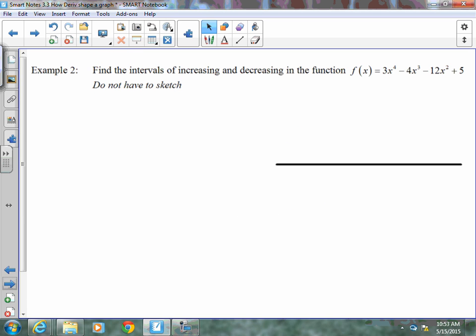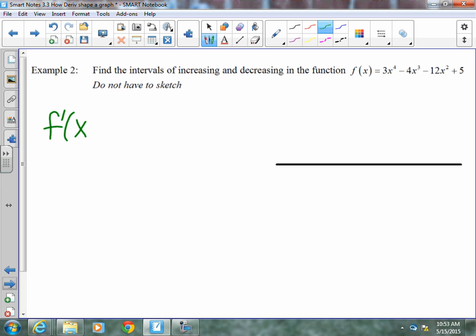Moving on to another example, find the intervals of increasing and decreasing in the function f of x equals 3x to the 4th minus 4x cubed minus 12x squared plus 5. We don't have to sketch it this time. We do need to find the derivative. So the derivative is 12x cubed minus 12x squared minus 24x.